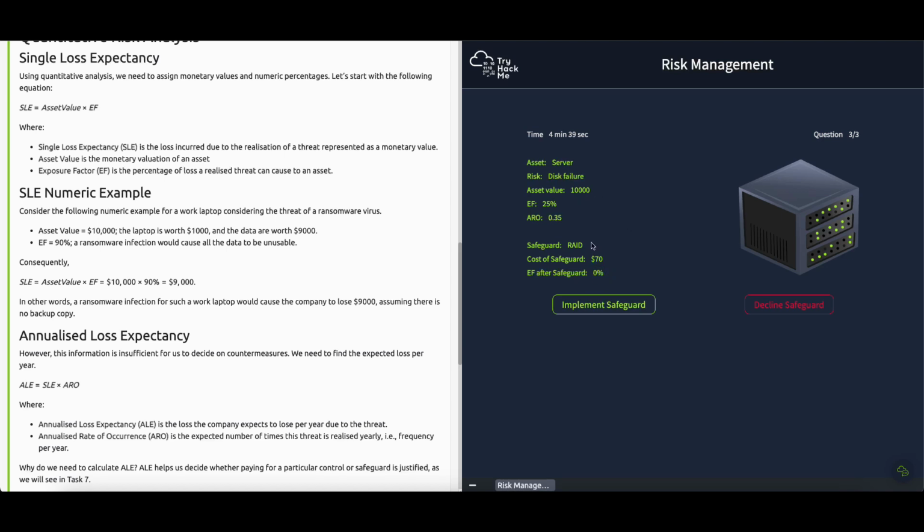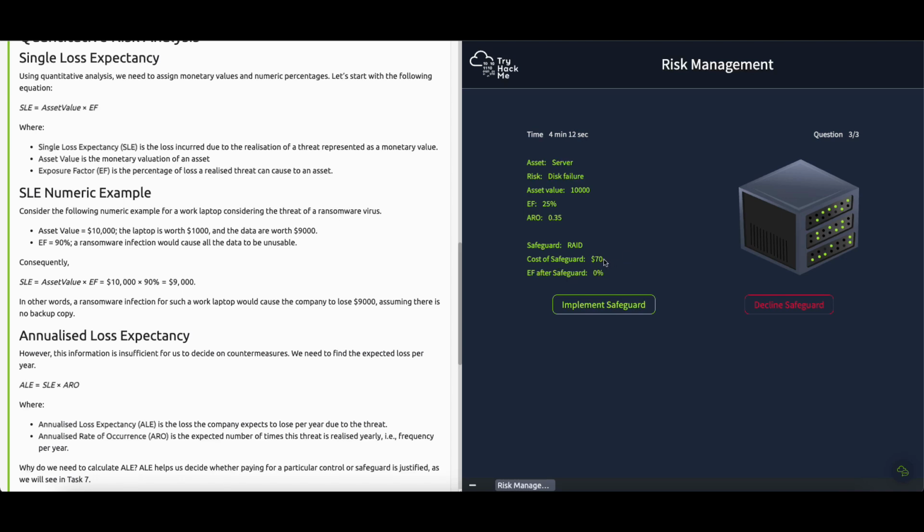Let's calculate before the safeguard part. 10,000 multiplied by 25% is 2,500, and we have to multiply it by this one. I won't do this because it is clear.